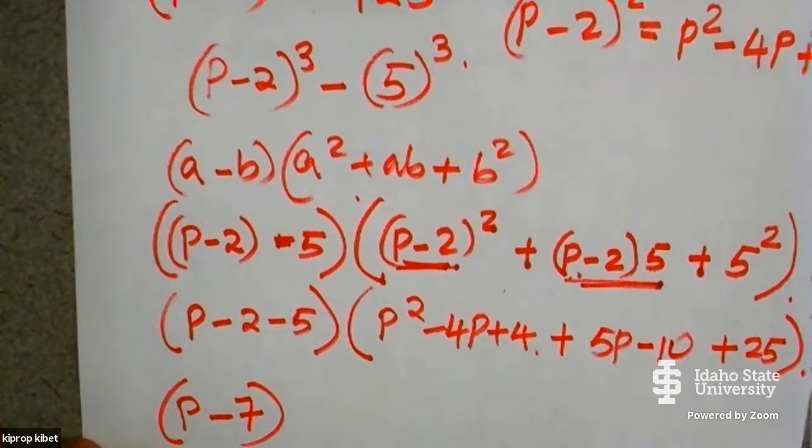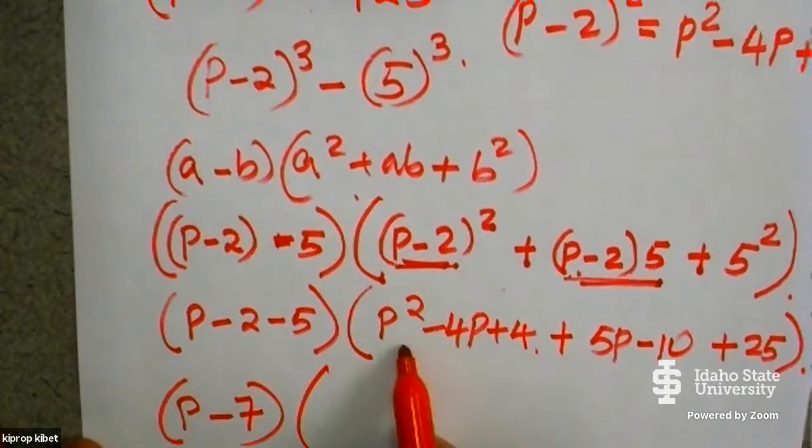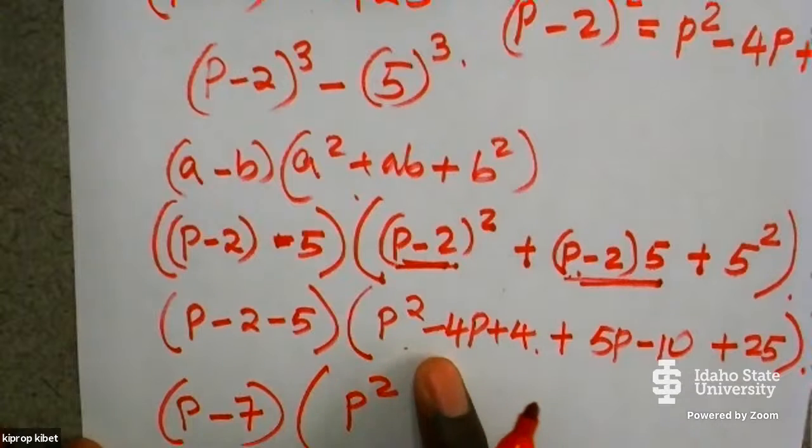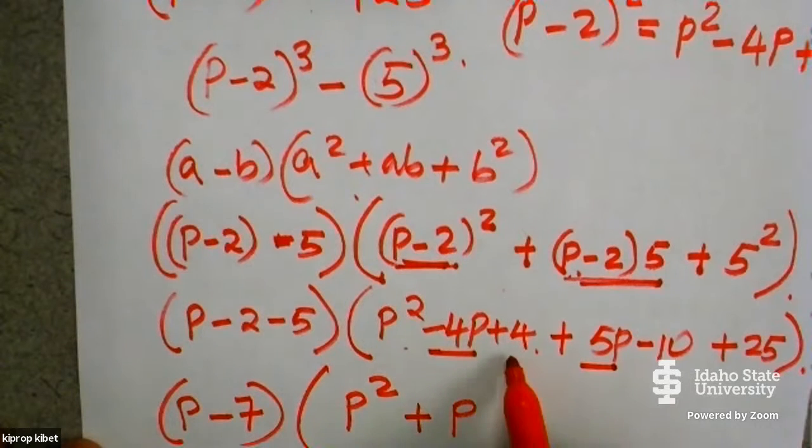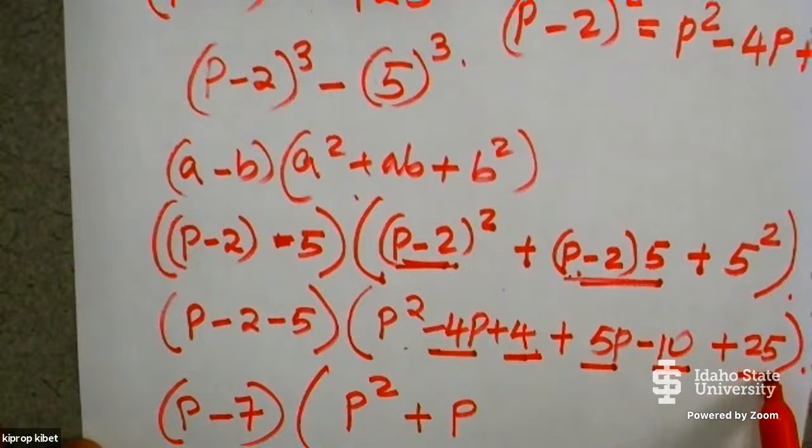And then p squared. Is there another p squared? No. The p terms: minus 4p plus 5p, you get p. Plus 4 minus 10 plus 25.